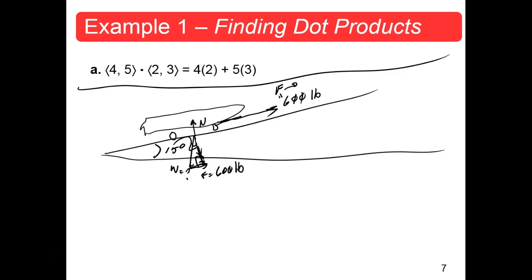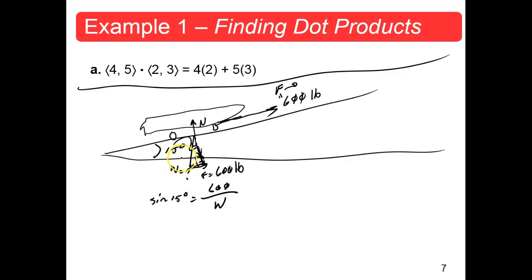Any trig functions that relate this angle to this side and the hypotenuse? Sine, because it's the opposite side here. And we know what that is. That's your 600 pounds. So we know that the sine of 15 degrees is equal to the opposite side, 600, divided by W, the hypotenuse.